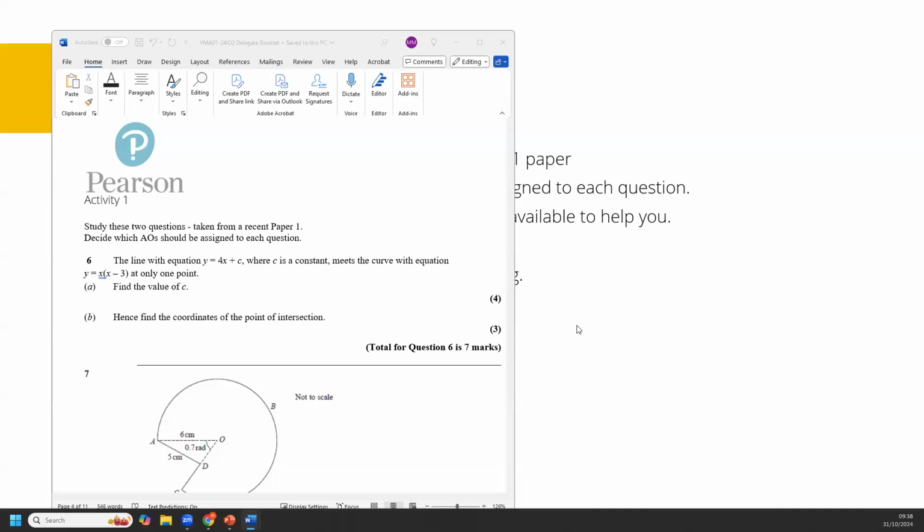As we wait for the last 10 seconds for everyone to come back here, would anyone like to either unmute themselves or write in the chat the assessment objectives they think that question 6 here on the screen should be given? Please use the chat and share your views on what assessment objectives, and see if we can agree together.